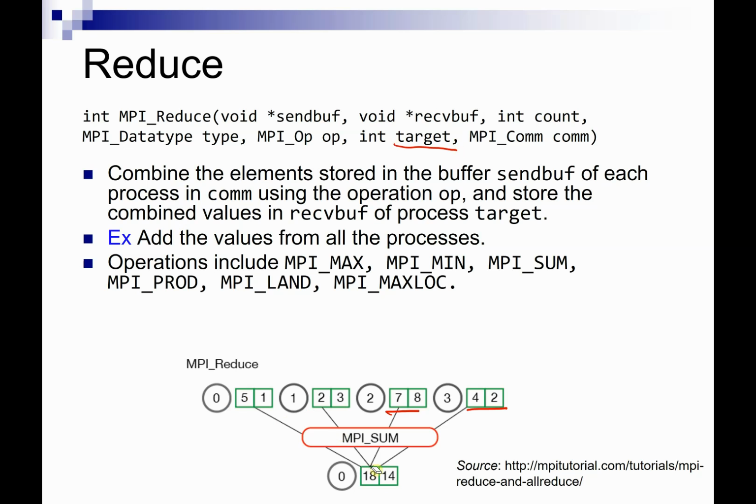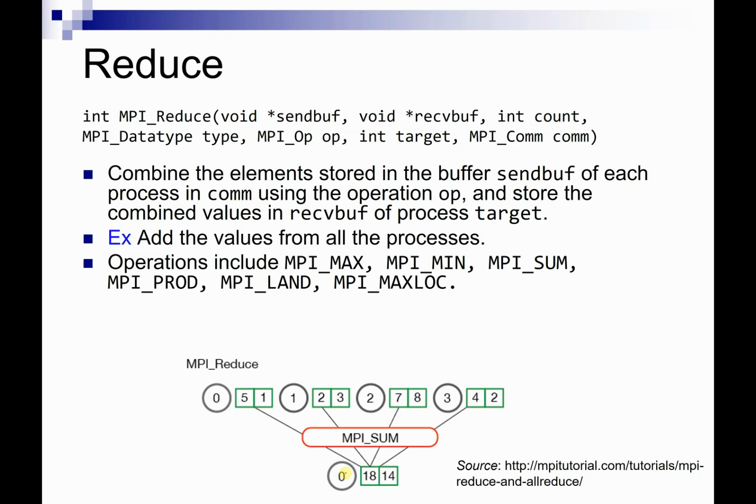Okay, now I want to mention again that all of the processes are going to call this reduce function. Process 0 of course calls the reduce function to collect all of this data, but the other processes 1, 2, and 3 are also calling the reduce function. Okay, but the difference is in how they behave.